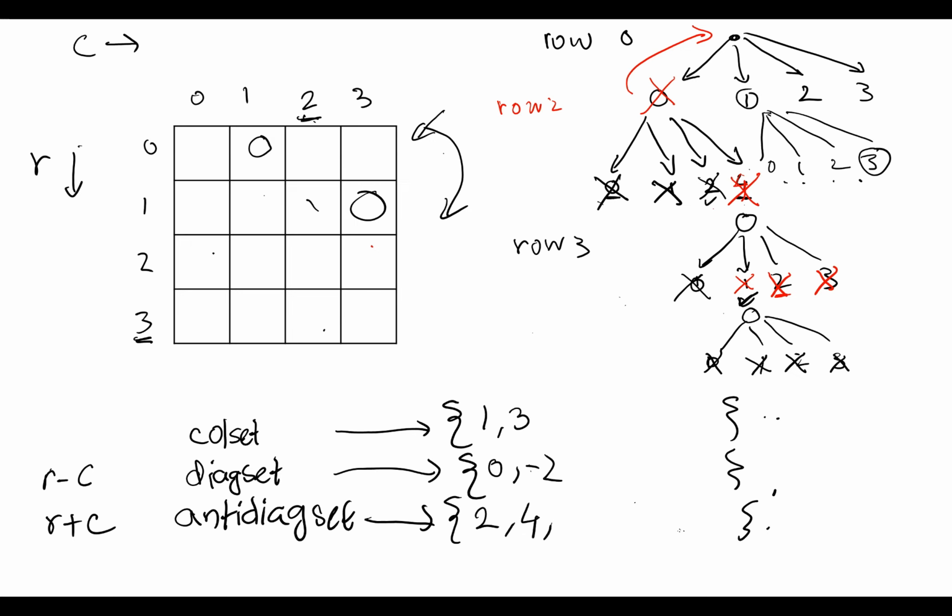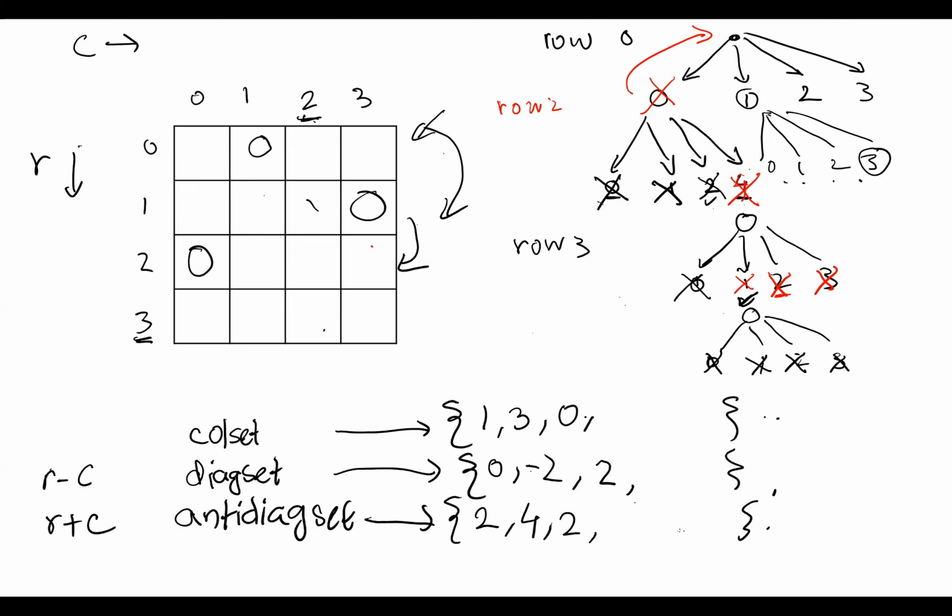So for that, I put column 3, -2, and 4. Next, I move to this row. I start from 0. This works. Yes, this works fine. I put column 0, then 2 minus 0 is 2, and 0 plus 2 is 2.